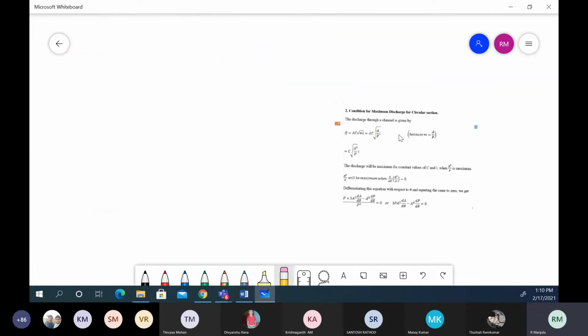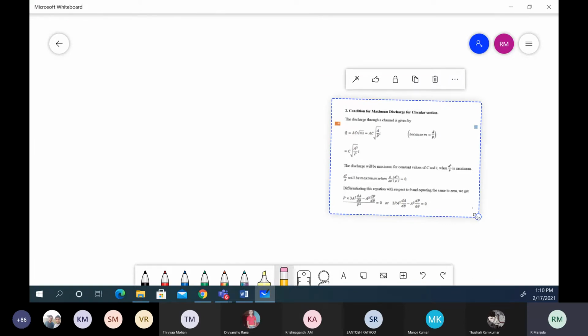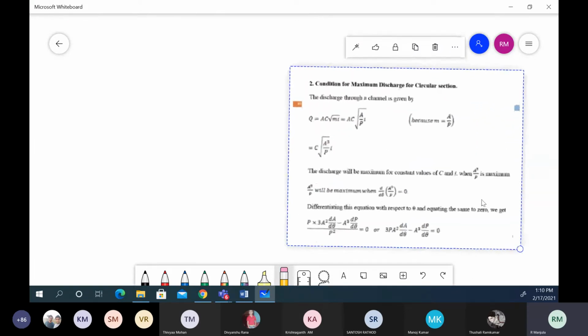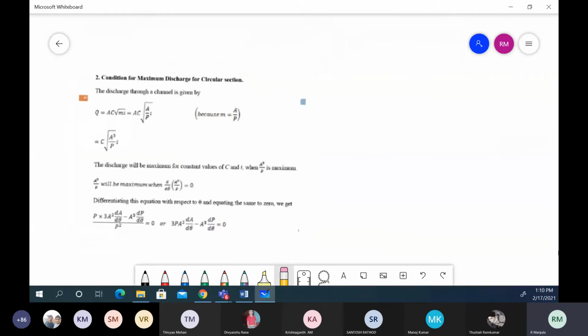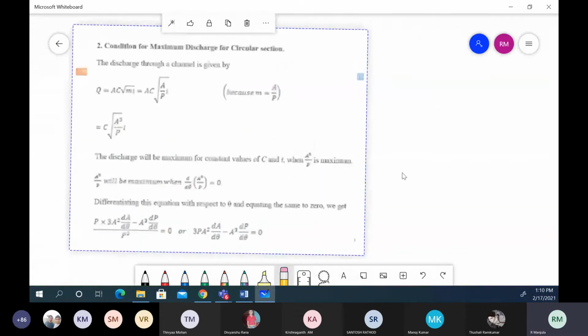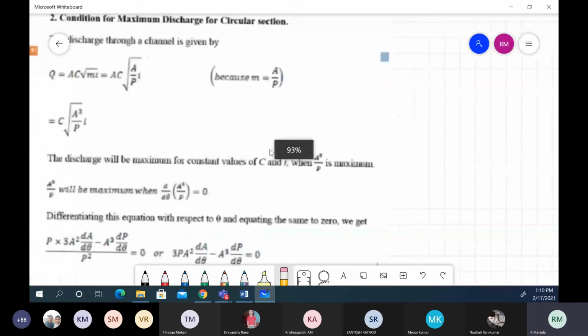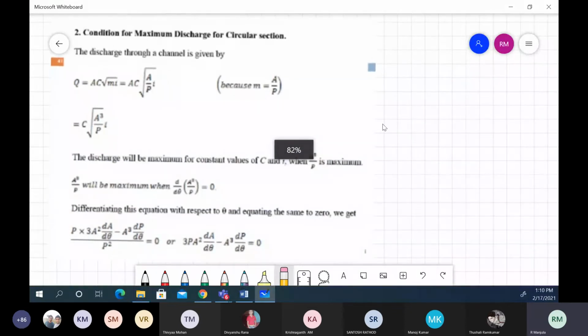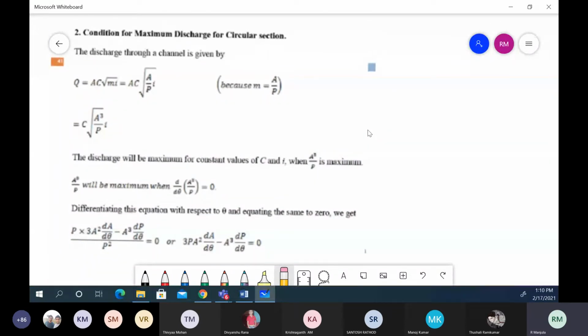Now here you can see the discharge through the circular channel, which is given by Q equal to AC into root of m i, according to Chezy's formula.